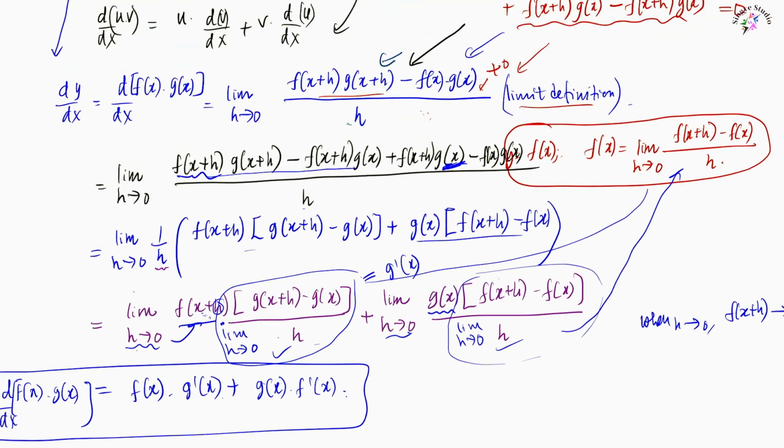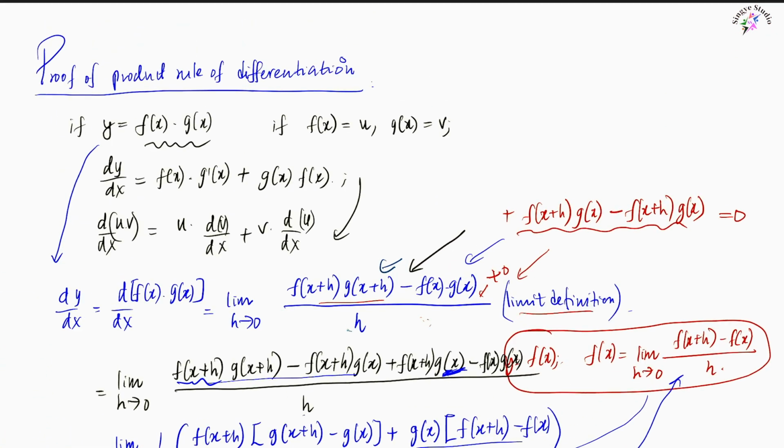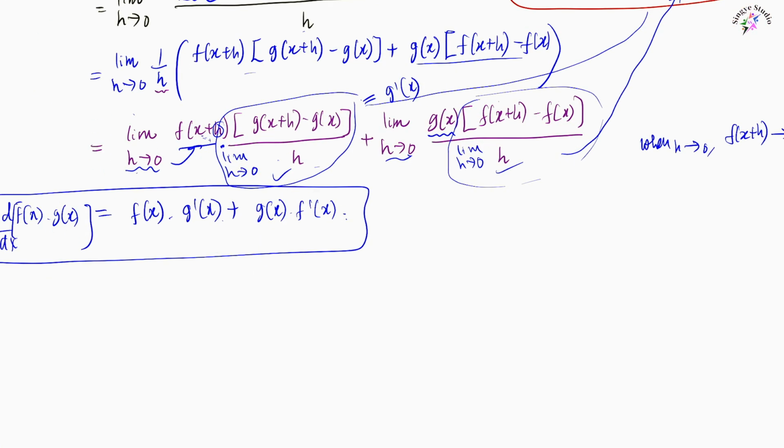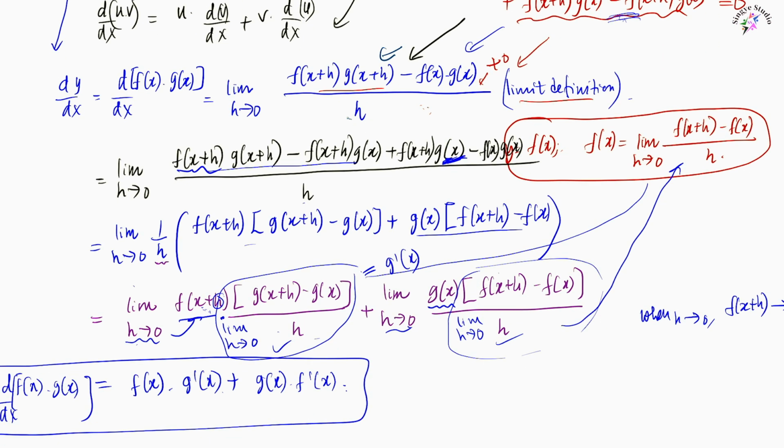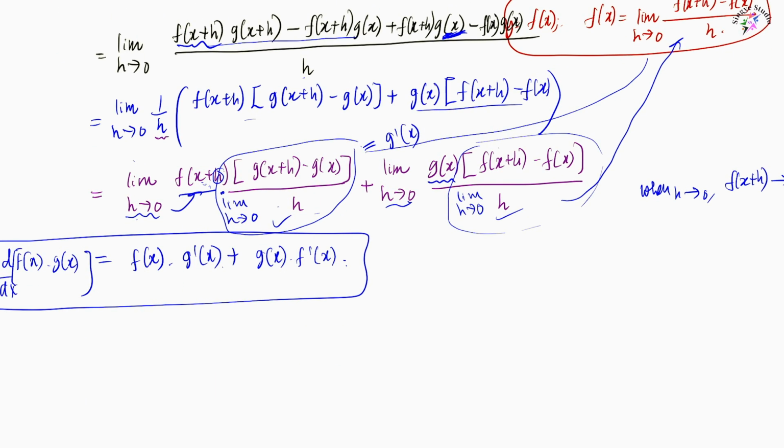So this is the product rule that we have derived right now. And as already said, this term is added just to modify it in this form so that we can evaluate the limit. Okay, I hope you all have enjoyed this proof, and I'll see you in the next video. Thank you.